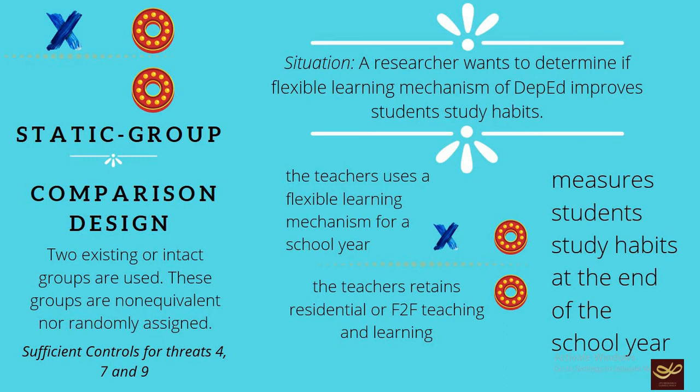Why is there a certain control for maturation? Because you are comparing two groups. So you are able to tell whether this is attributed to maturation or not, because there is a group being compared in the first place. One group receives a flexible learning mechanism, and another group is simply taught using the traditional residential or face-to-face teaching and learning process.